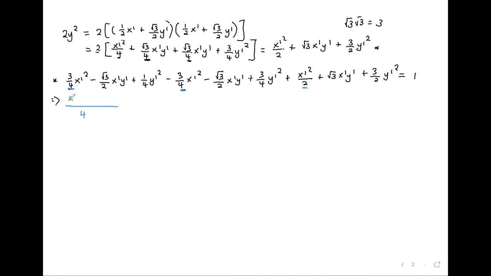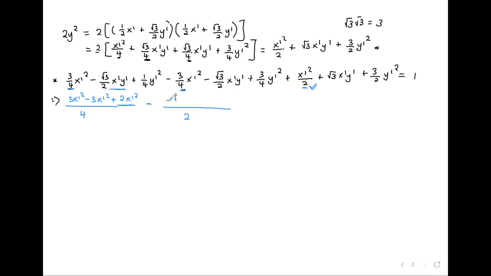Then we get 3 x prime squared minus 3 x prime squared plus 2 x prime squared. Then the middle one: the common denominator is 2, so we put 2 down.